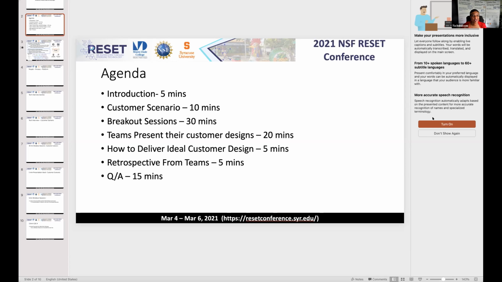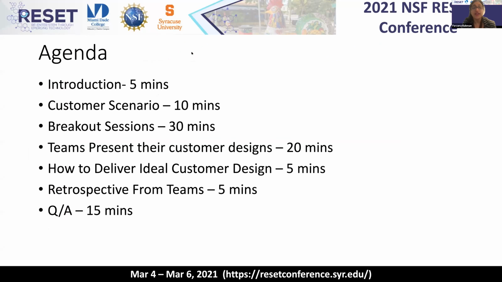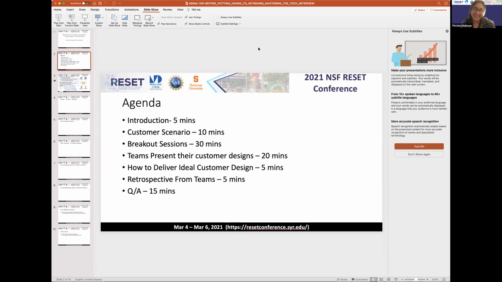Ah, this is no bueno. Okay. So when you click on share screen, it probably tells you whether you want to share your entire screen or the PowerPoint or the browser. Now we can see, yes. Well, it went back to non-slideshow mode. Interesting. Okay. I'm not sure what you're seeing. Do you see the agenda slide?